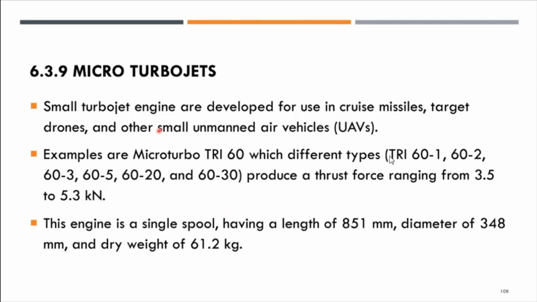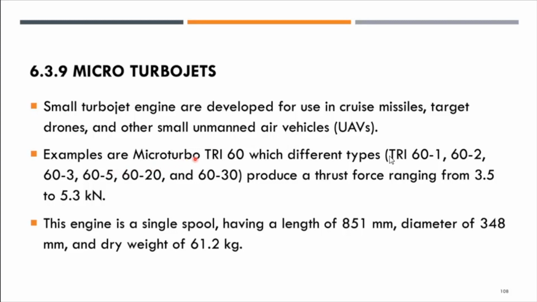Small turbojet engines are used as a propulsive system for cruise missiles, target drones, as well as small UAVs, unmanned aerial vehicles.